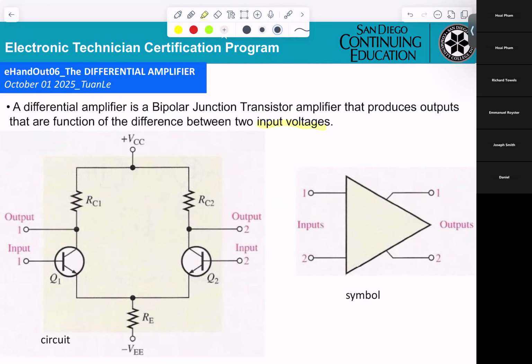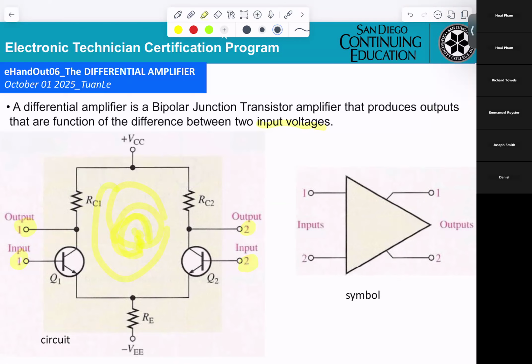When you're looking at this circuitry, make sure you know the name is differential amplifier. They get two inputs, input one and input two. Also, you get two outputs, output one and output two. That's why the name is differential amplifier.